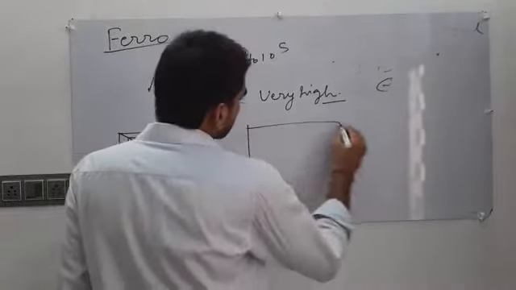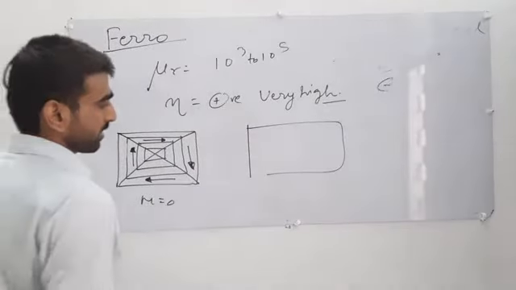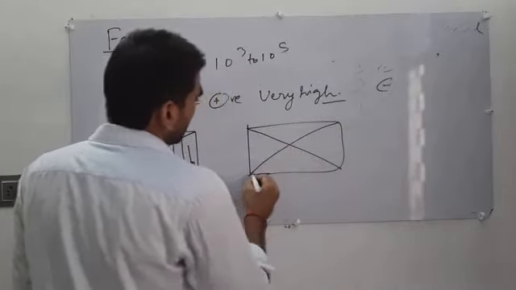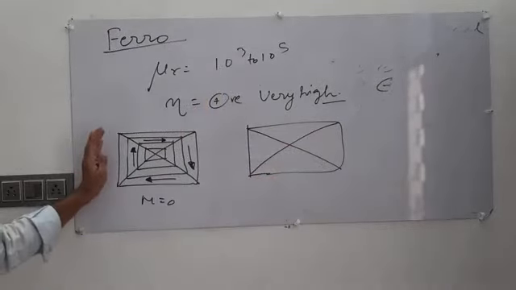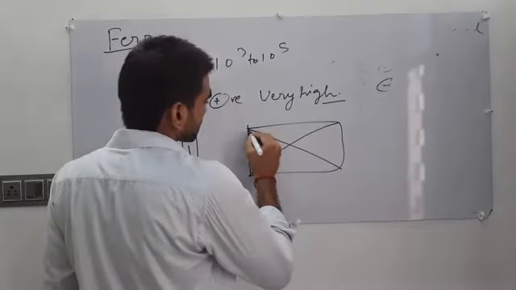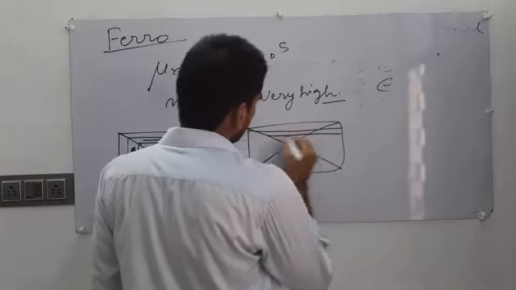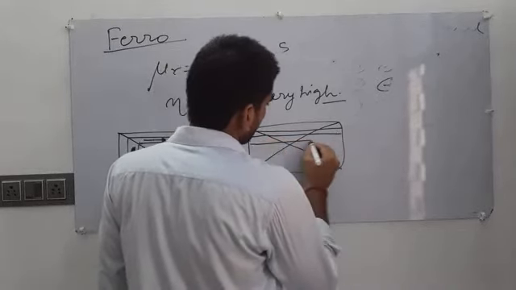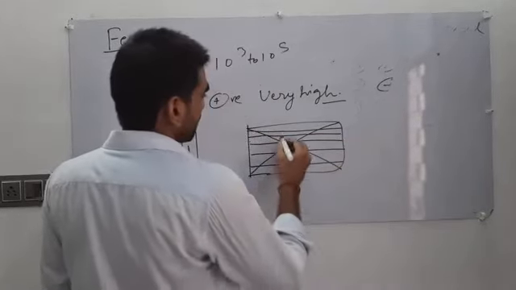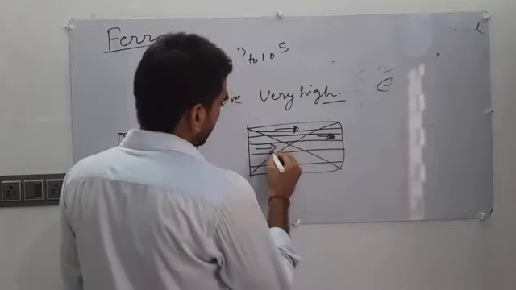When we place this ferromagnetic material in an external magnetic field, all the domains align themselves in the same direction.